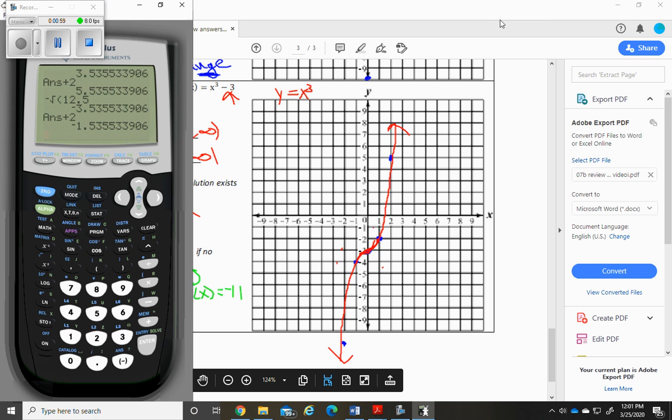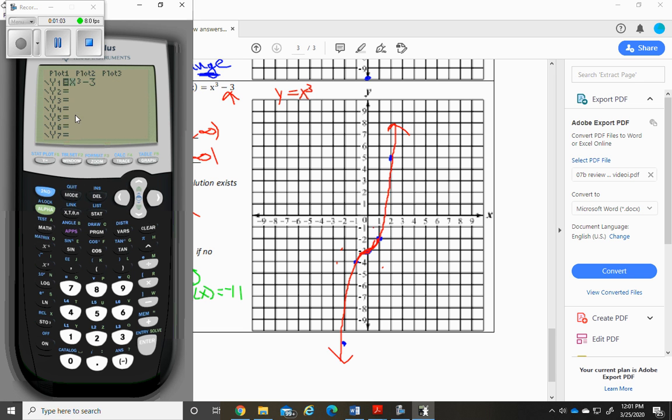So on my calculator, mine's not as updated as yours, but I still have this entered from when I originally did the video. Notice that minus 3 is definitely not up in the exponent. So if you use your arrow keys, you can move out of the exponent to do the minus 3. That's very important when entering it into your calculator.